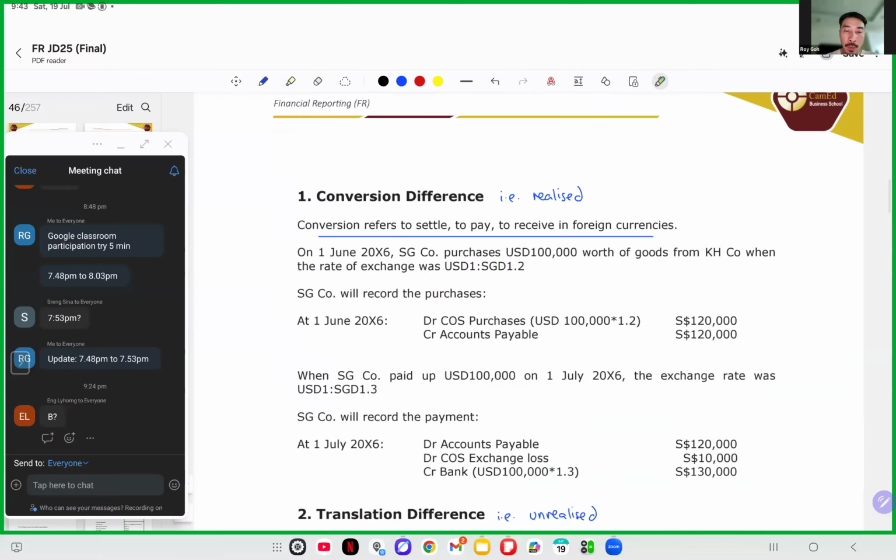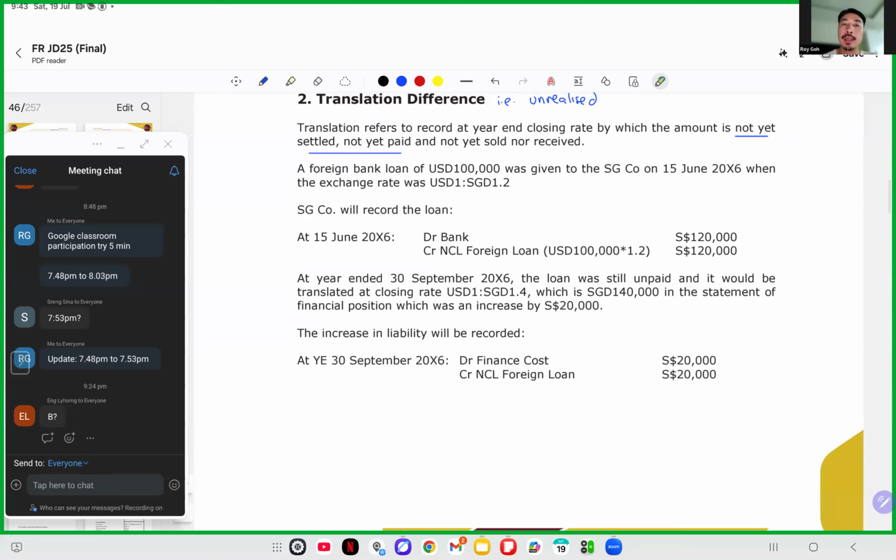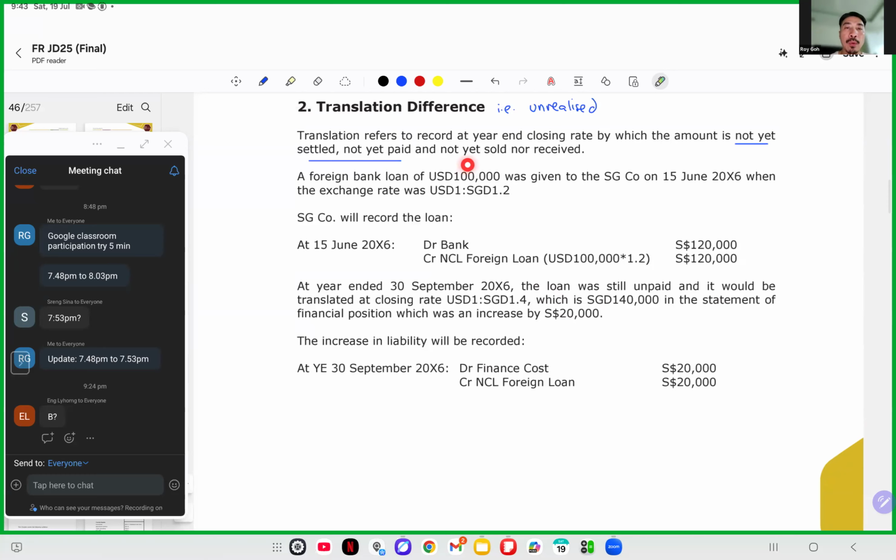On the other hand, translation is another word, for not yet settled, unrealized. And we say this is a bank loan. We take a bank loan in US dollars and we debit bank, credit liability in Singapore dollars. Exchange rate 1.2.